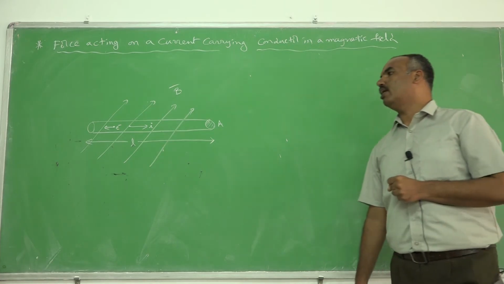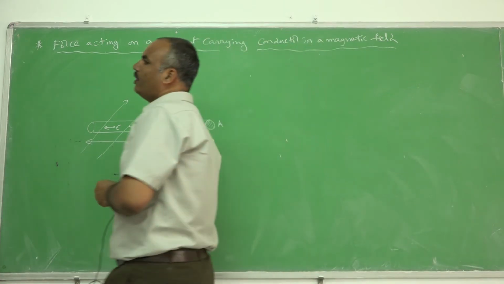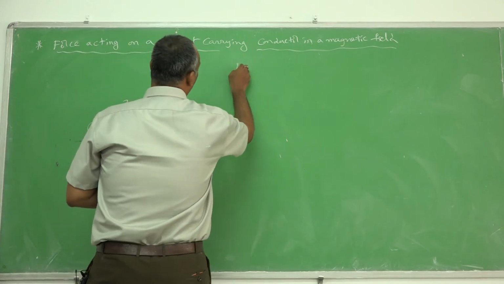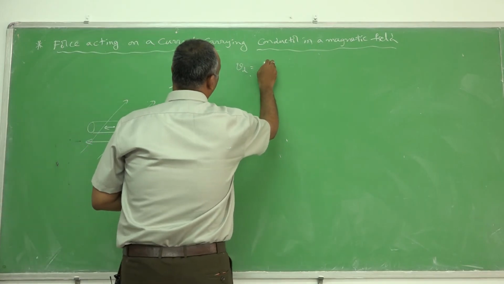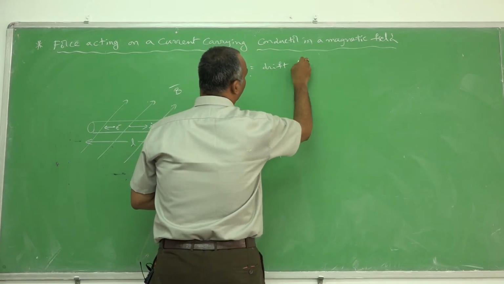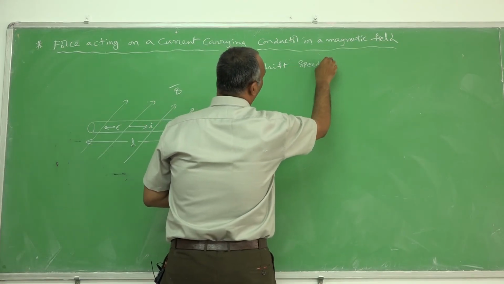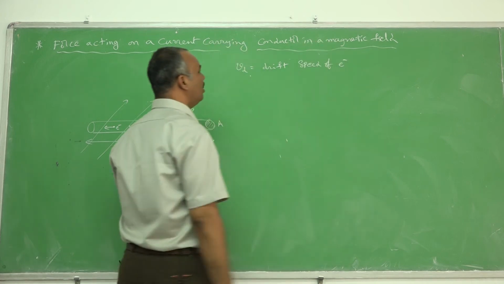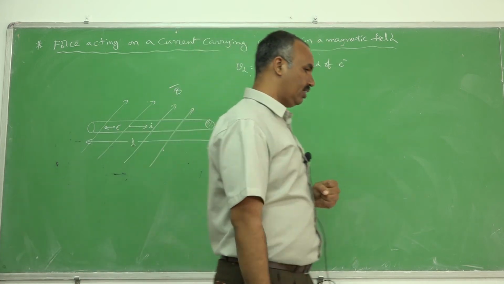Here, electrons will move with a speed called drift speed. Vd is nothing but drift speed, which we already studied in current electricity. Vd is the drift speed of electrons.